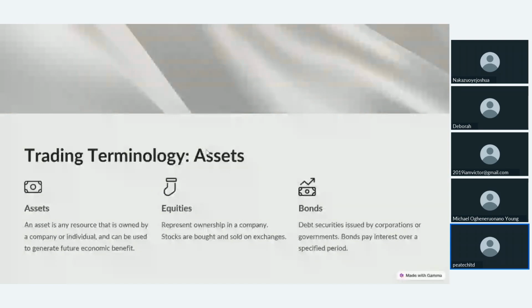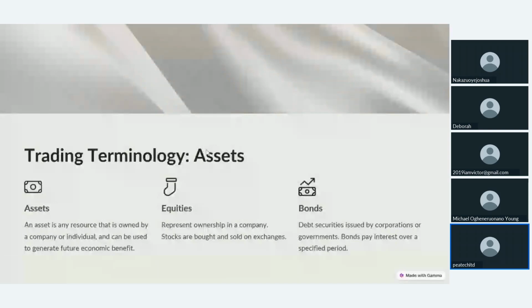This concept of equities is usually in the stock market. You can buy stock, you can exchange stocks and all that. So equity is your ownership in a company. You can say I have 2 shares, I have 5 shares. All those things are referred to as what? Equities. And then we have bonds.